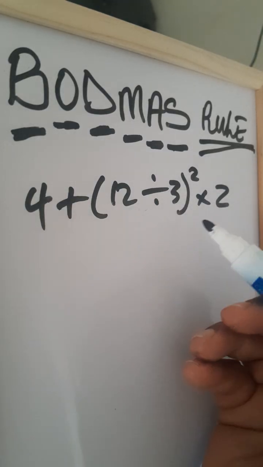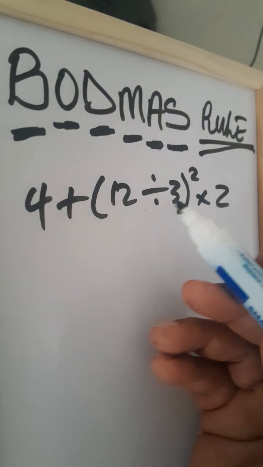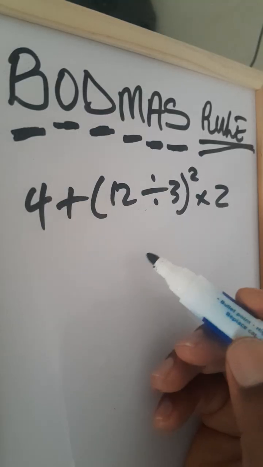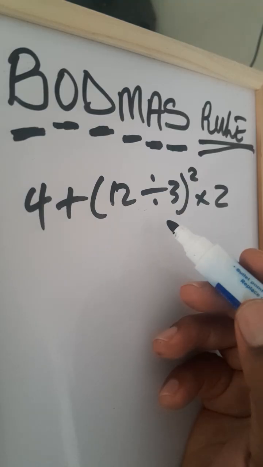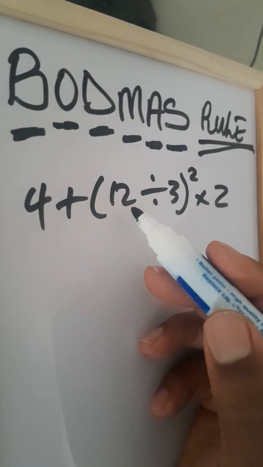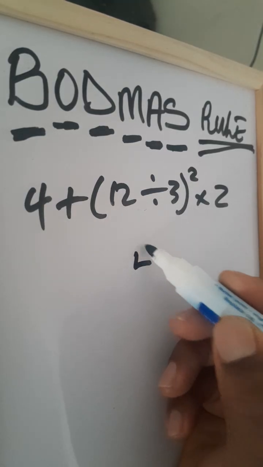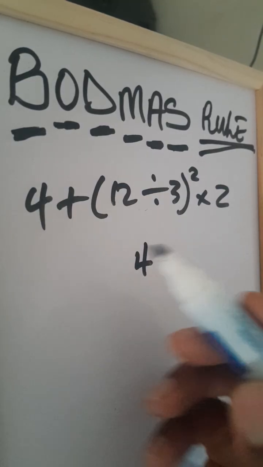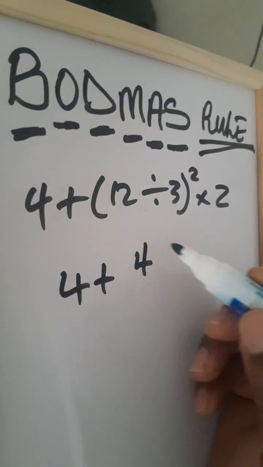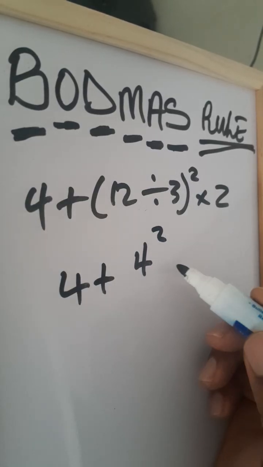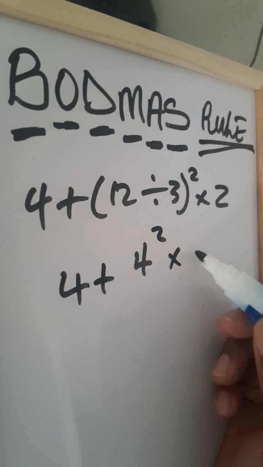So when we get rid of the brackets, this means we will divide 12 by 3, which will give you 4, since 3 into 12 goes 4 times. So we've got 4 plus 4 to the power 2, then multiplied by 2.